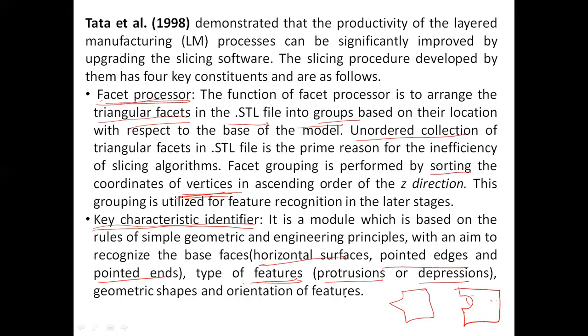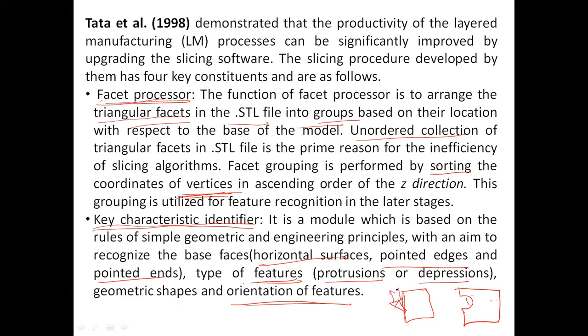So every geometrical shape and feature was identified, and based on their surface normal characteristic, their orientations were also identified. Basically, if I create a dotted structure over here, this is your base CAD model and this is your protrusion. This is also divided into a number of triangles.